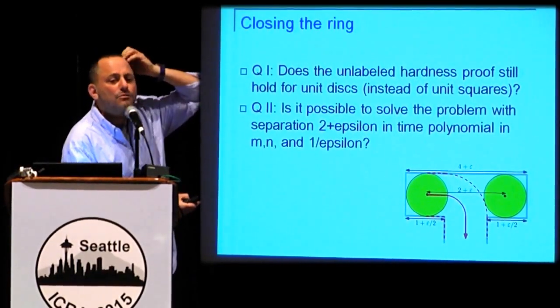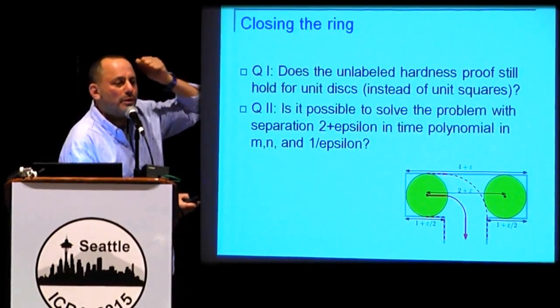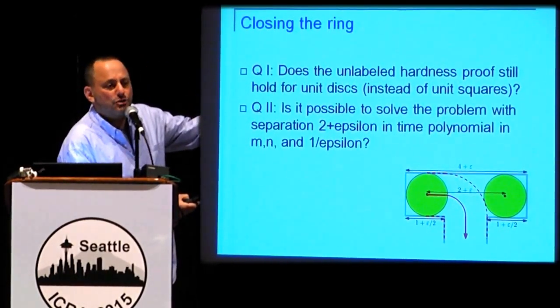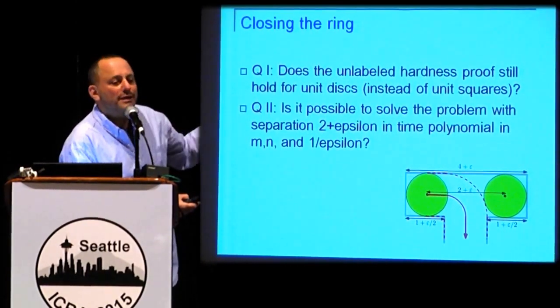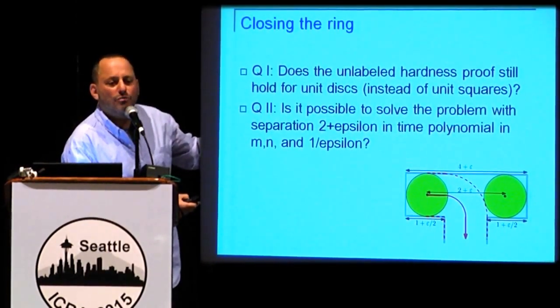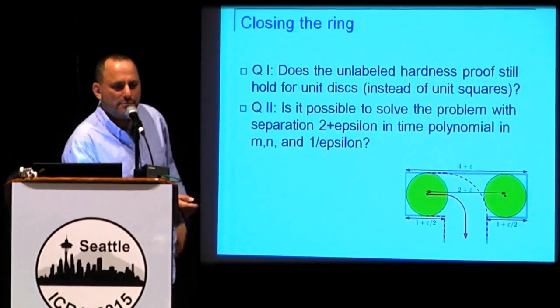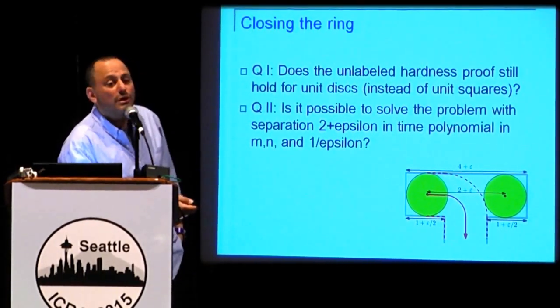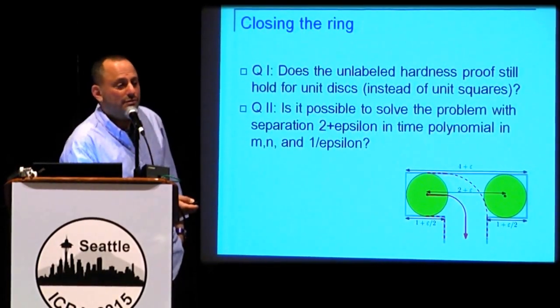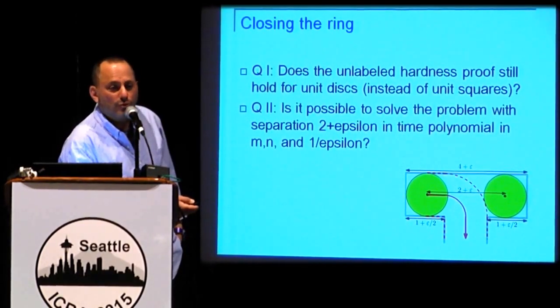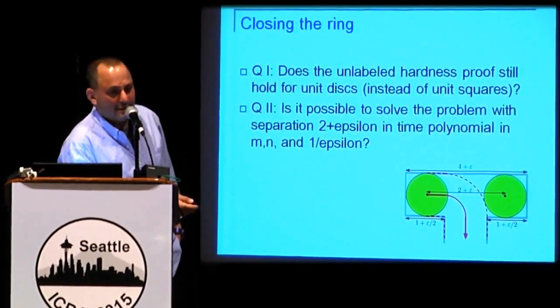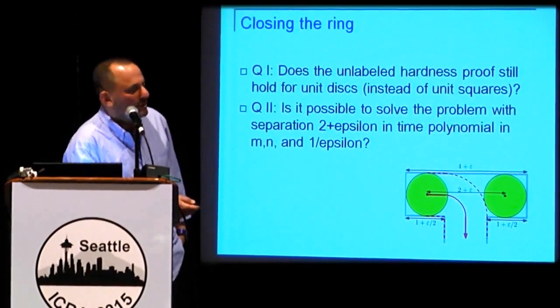And I would like to get a good solution to the problem, not only in the dimension of the configuration space and the complexity of the workspace, but also in 1 over epsilon in this separation. So I hope that this problem will yield soon, but it is still open.